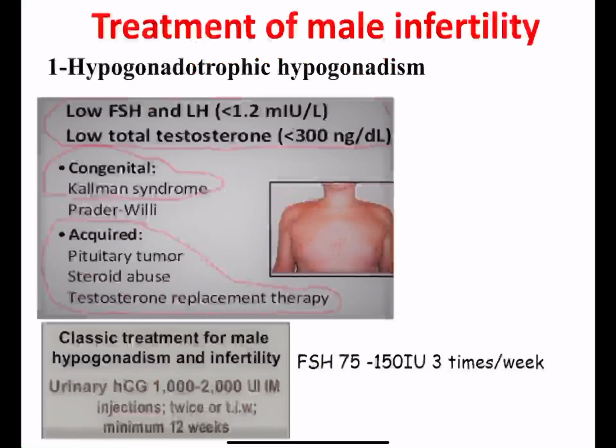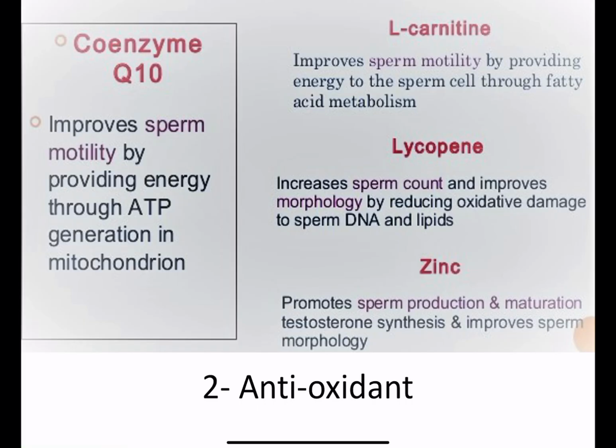Other treatment is regarded as empirical treatment. Example of empirical treatment, number 2, is antioxidants. Why do we use antioxidants? Infertile males were found to have an increased level of oxidative stress or reactive oxygen species.